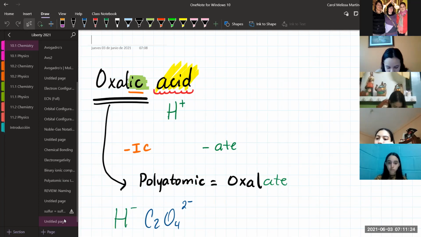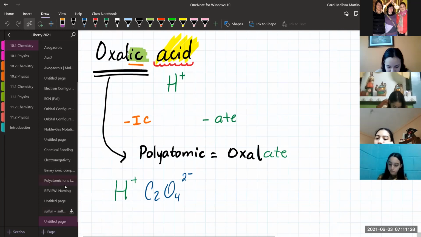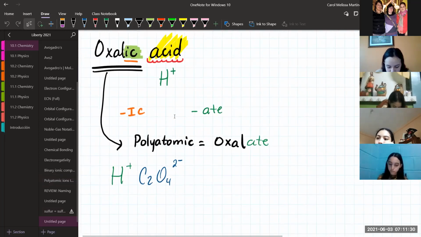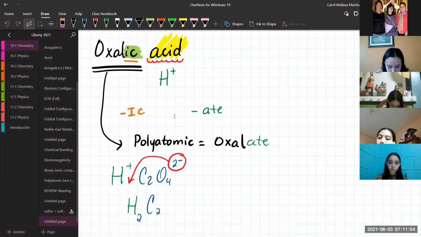So you combine the two of them. Remember, when we combine ions, we need to crisscross the charges that are different than one. So in other words, this charge of 2 is going to come to hydrogen. So the formula is going to be, in the end, H, the 2 that is coming from the oxalate, and then the oxalate ion, which is C2O4.